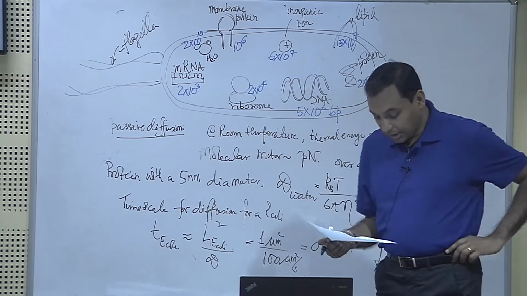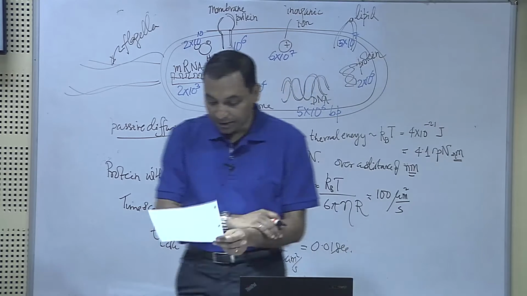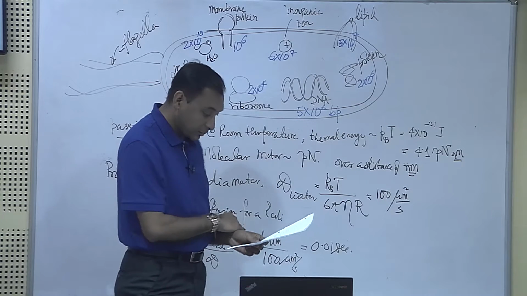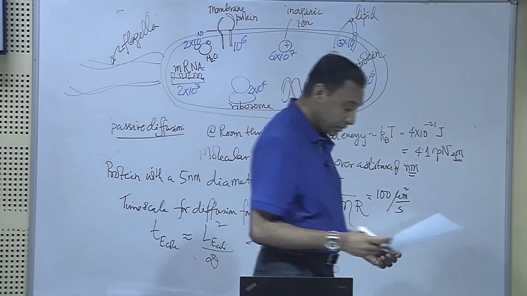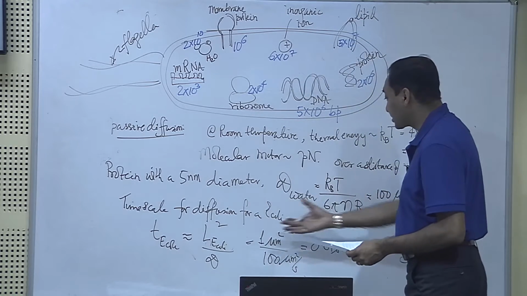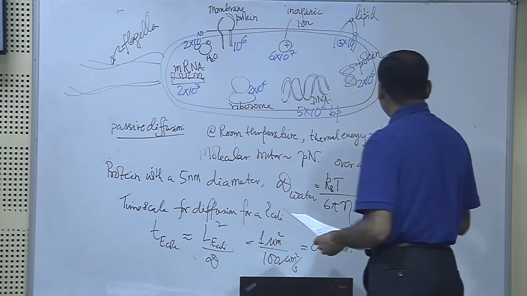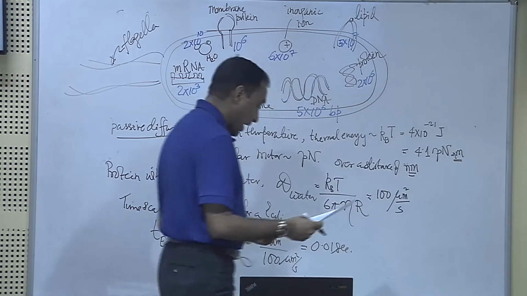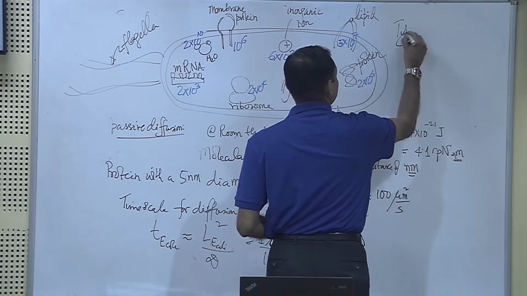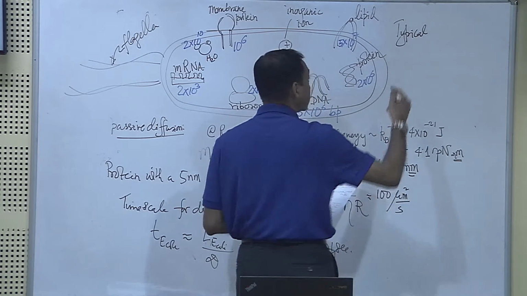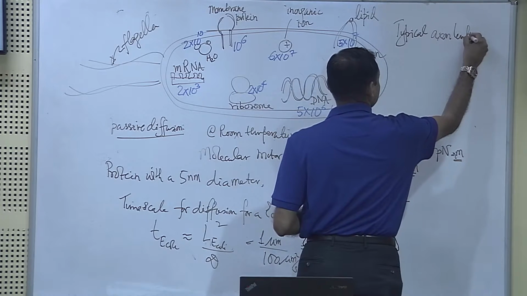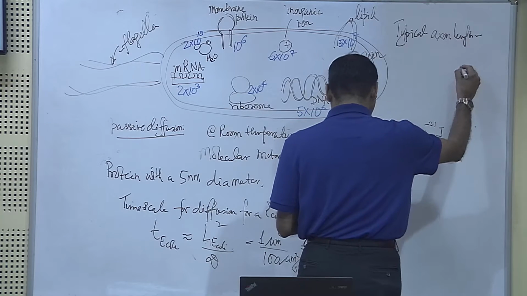Now think about the time scale. Say, for example, if this was the length scale for other things, like for example a typical axon in a neural system, in a nervous system. A typical axon length is close to 10 centimeter.